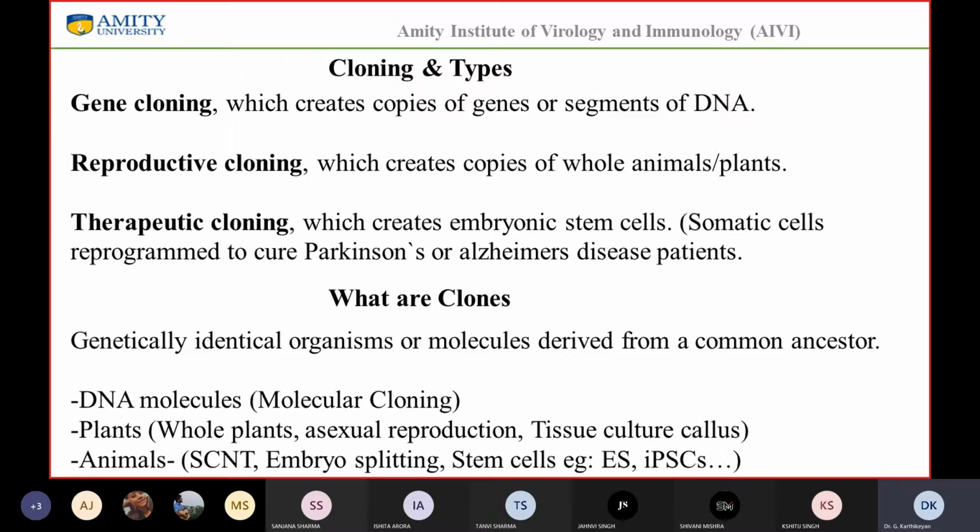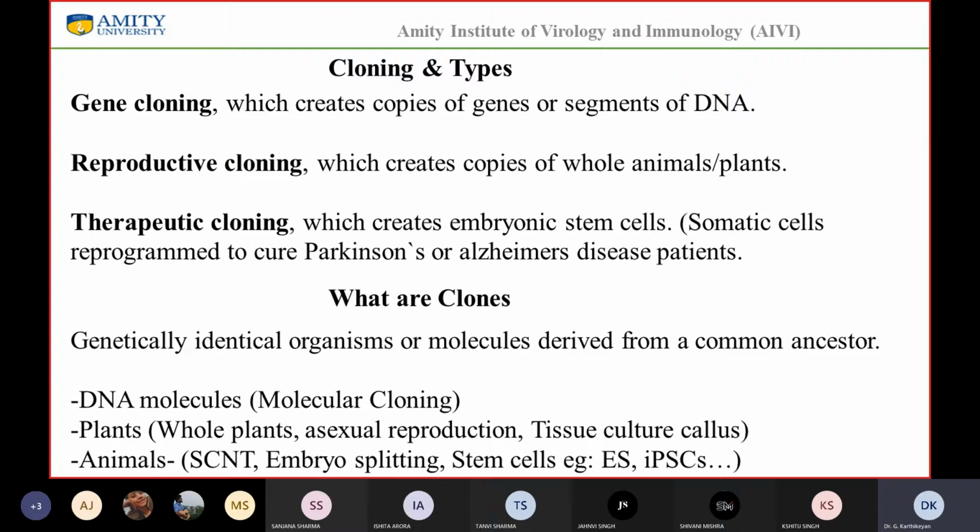That means they can't go back to the embryonic state, but with a special cocktail of transcription factors and special growth media, these terminally differentiated cells can come back to an embryonic stem cell like condition. That's why these are called embryonic stem cells. And when you do it with your somatic cells, then it is called induced pluripotent stem cells.